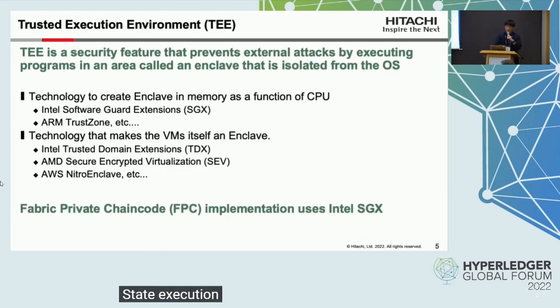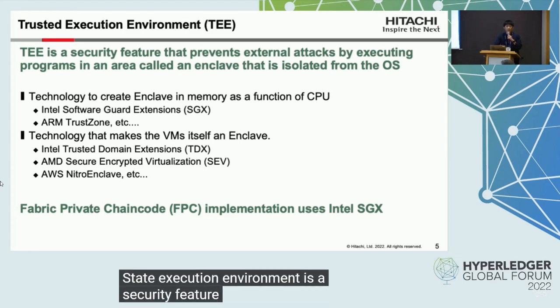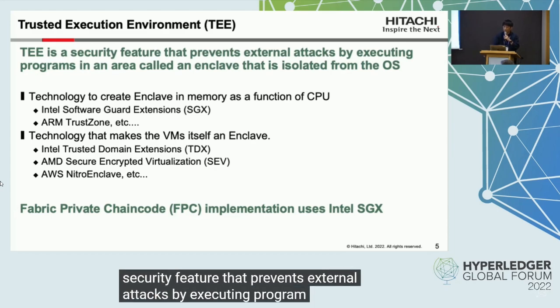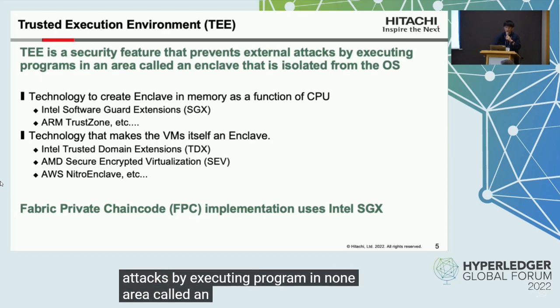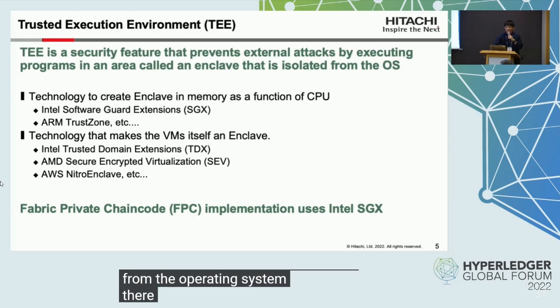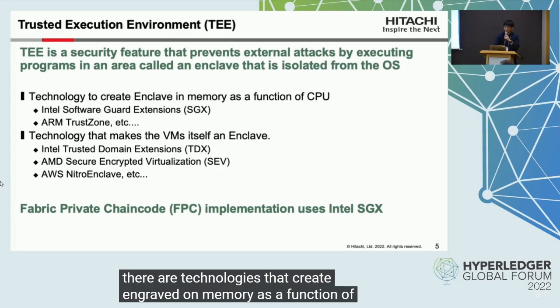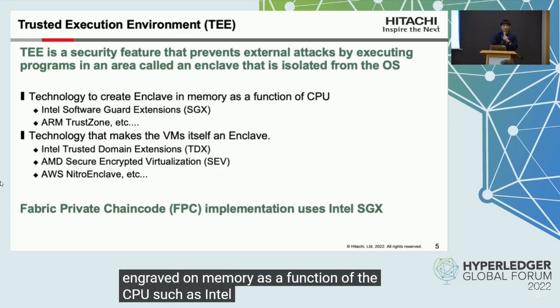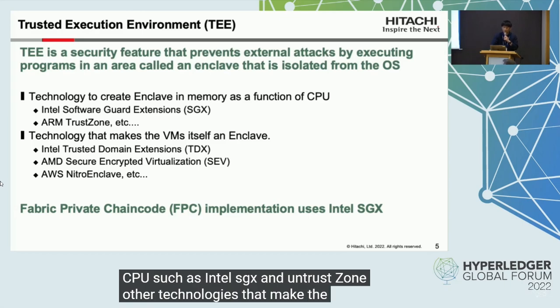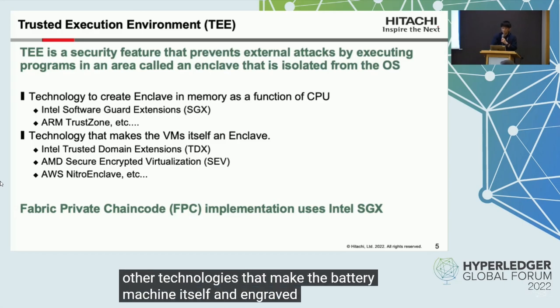A trusted execution environment is a security feature that prevents external attacks by executing program in an area called an enclave that is isolated from the operating system. There are technologies that create enclaves on memory as a function of the CPU, such as Intel SGX and ARM TrustZone. Other technologies make the virtual machine itself an enclave.